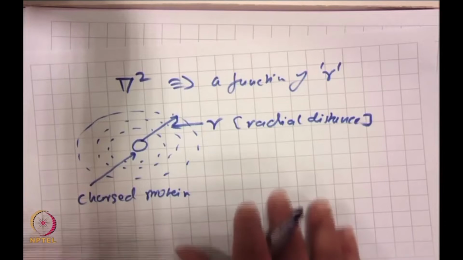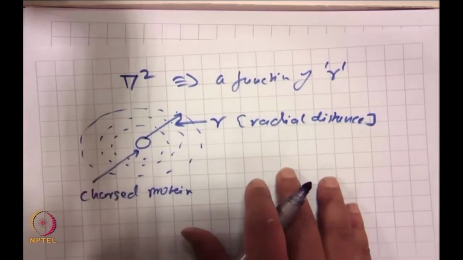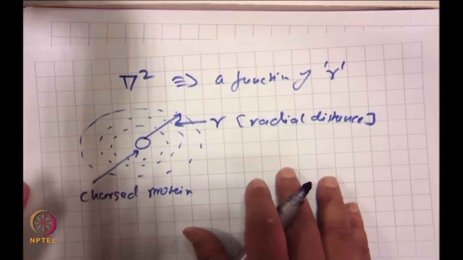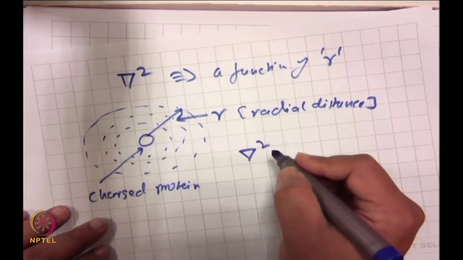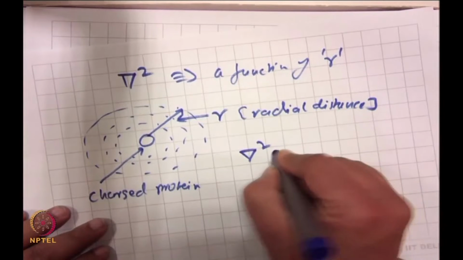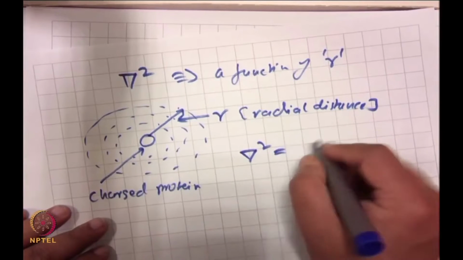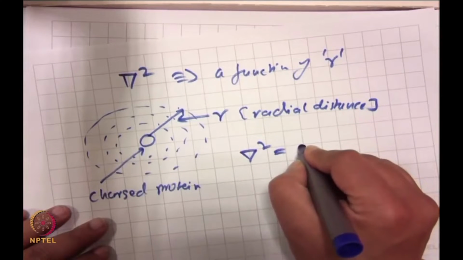How? If I consider a spherically distributed uniform charge potential, then I can write del squared as, do you remember what it is? What is the full form of del squared?